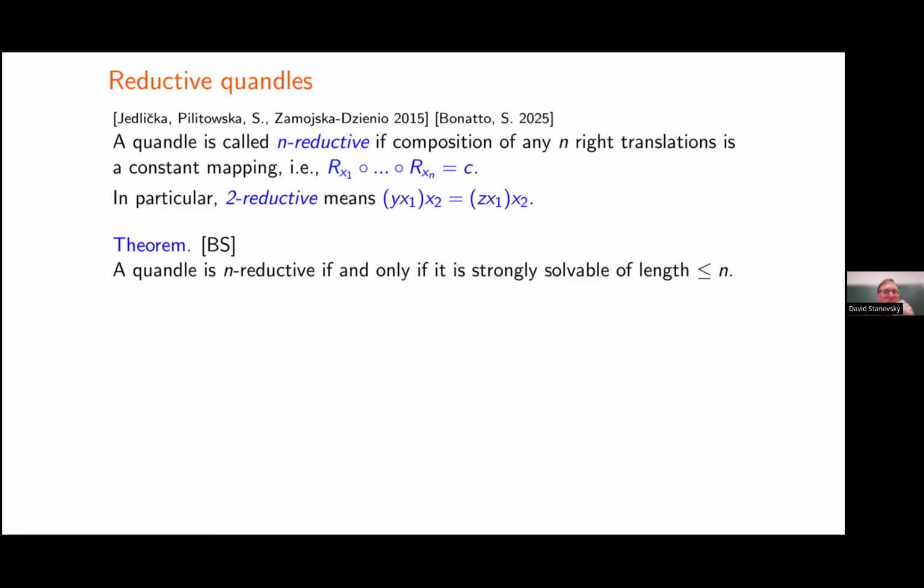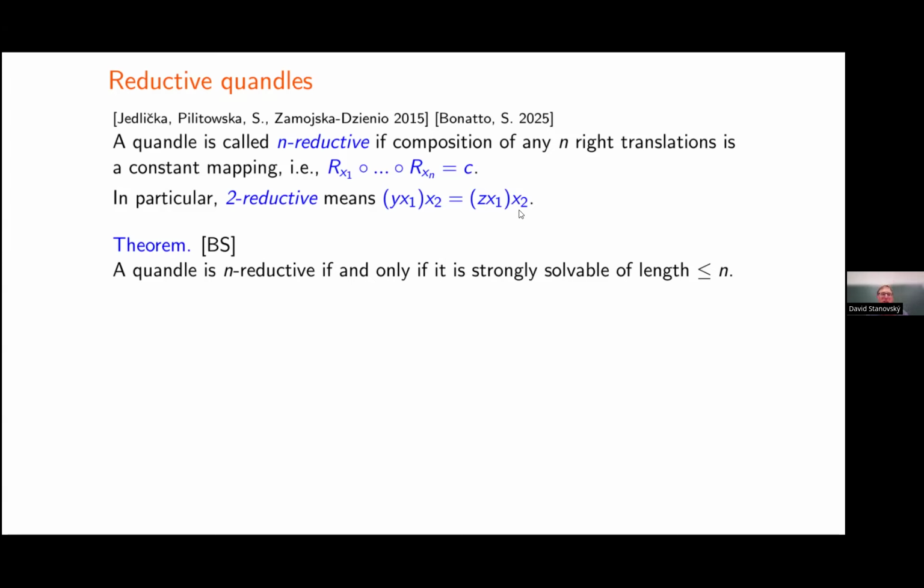So they seem to be kind of arbitrary mappings. Let's take this seemingly ad hoc condition that whenever you compose n of them, you always get a constant mapping. We call a quandle n-reductive whenever this happens. In particular, two-reductive means that whenever you apply two right translations to elements y and z, you get the same result. So it's an equational property, and this simple identity classifies two-reductive quandles.